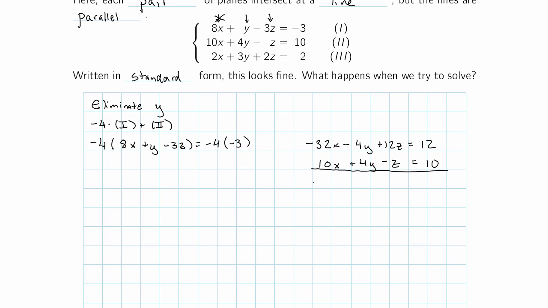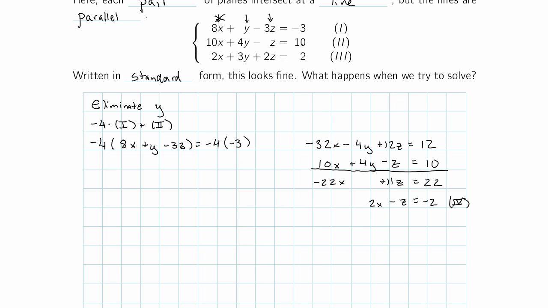Adding down the columns, I'll get -22x, I get a 0 here, plus 11z equals 22. Looking at that, I noticed that those numbers all have an 11 as a common factor. I'm going to divide through by negative 11 just to get standard form. In standard form, I'll have 2x minus z equals negative 2, and I'll call that equation 4.